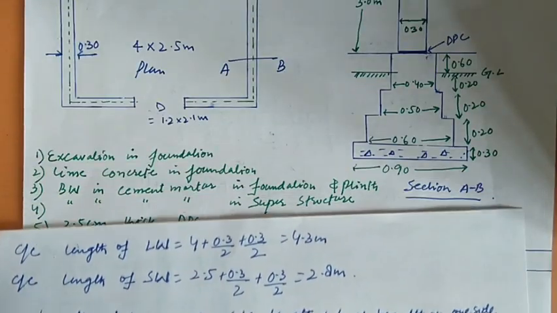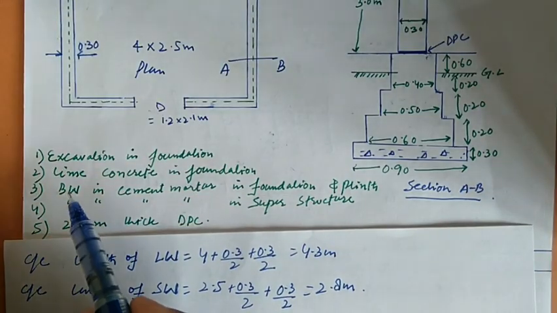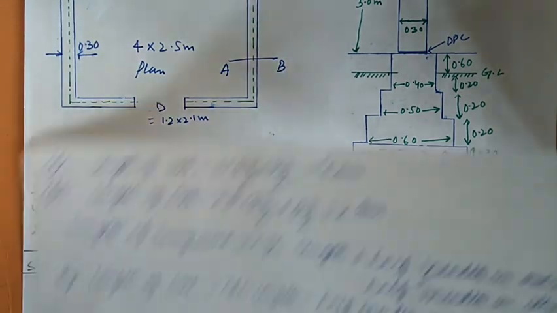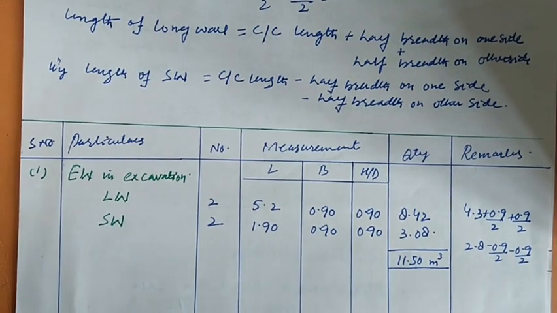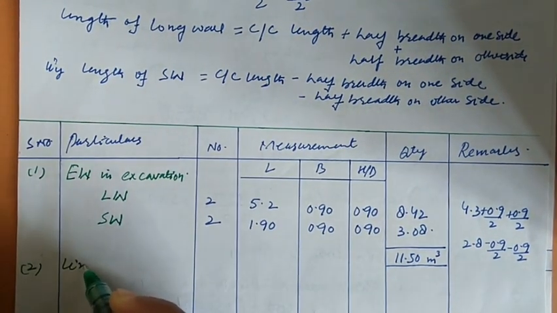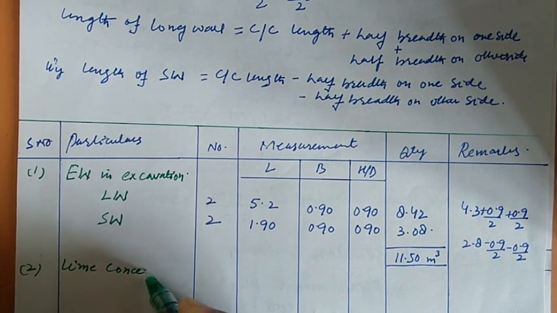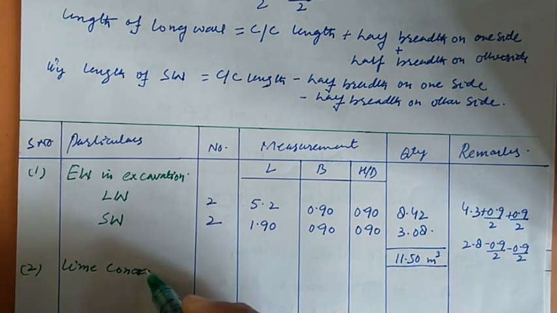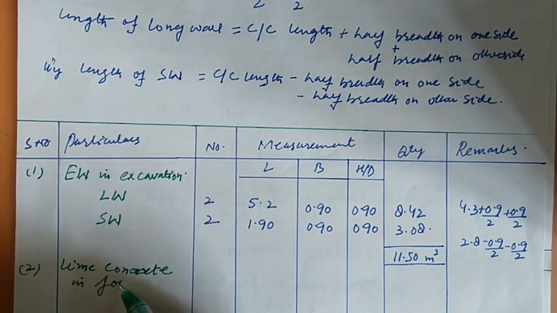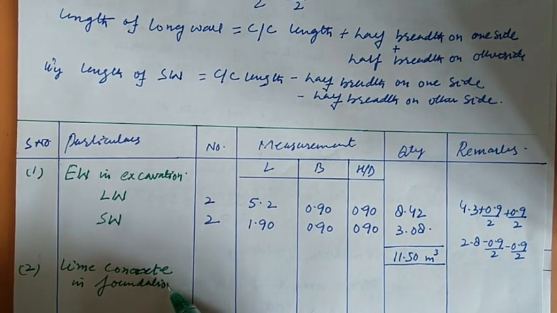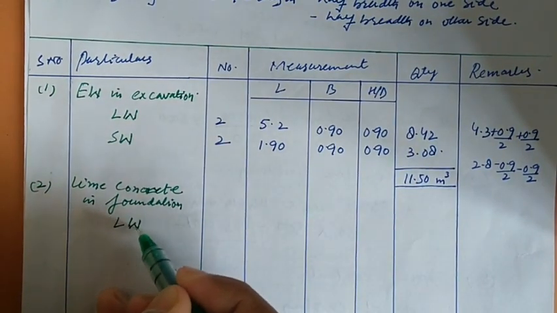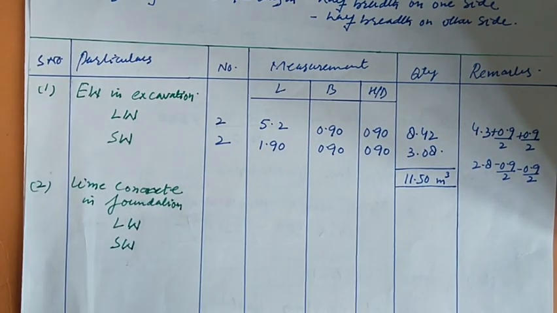Coming back to the question, the second thing which has been asked is to find out the quantity for lime concrete in foundation. Again for this we will write as long wall and short wall.